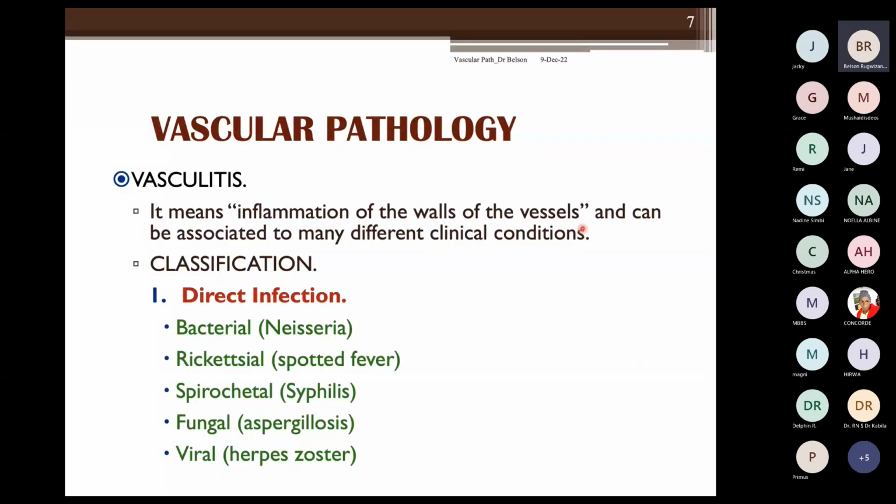So vascular pathology, there is vasculitis. Ngira ngo neno turibandaho, then turaza kuvuga no ku bindi bikeya birimo n'izi za varicose vein. So vasculitis, it means inflammation of the walls of the vessels. So it can be caused by a direct infection.